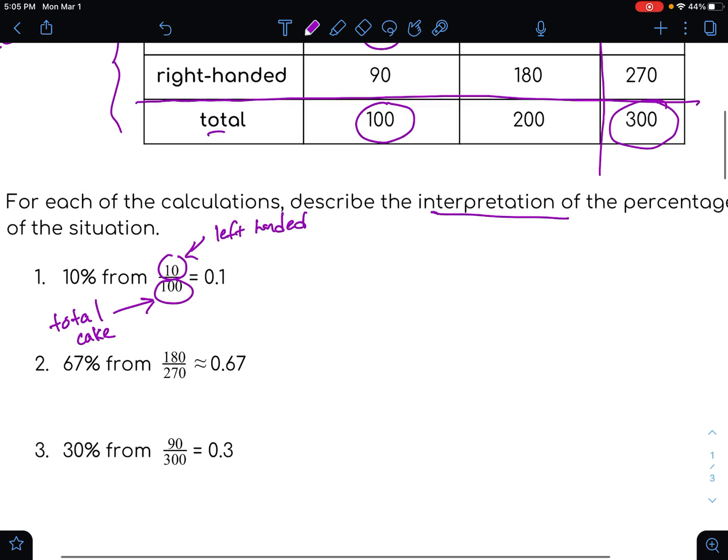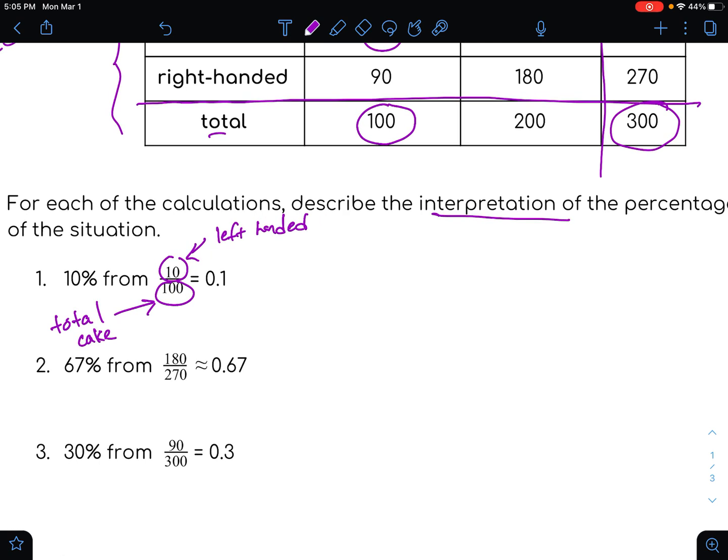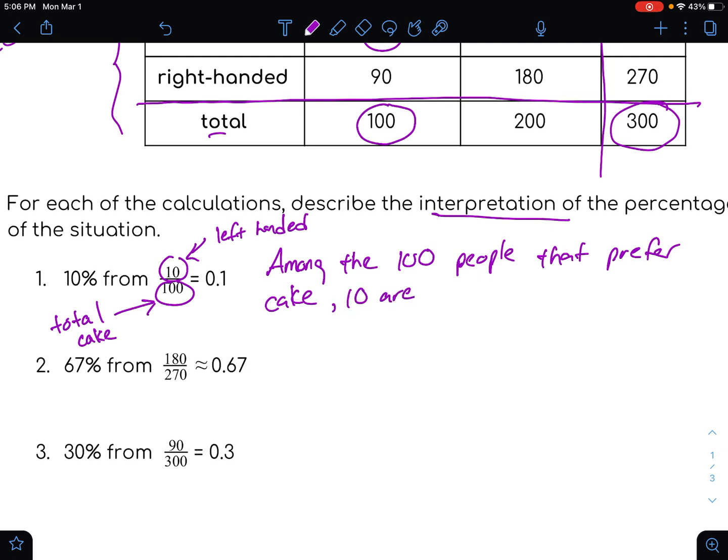So we talked about this in the last couple lessons, but let's see if we can kind of phrase it the way we have talked about it in those lessons. So among the 100 people that prefer cake, because that's our denominator, that's what we're taking it from, all of the 100 people that prefer cake, 10 are left-handed.